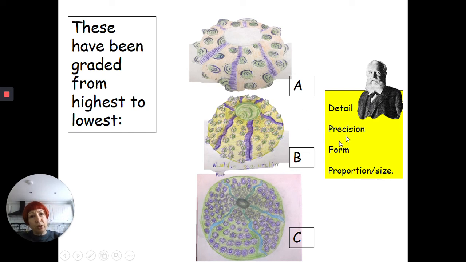So I looked at who used detail well, who used precision well, who really thought about form as well as proportion and size. And when I thought about form, I actually thought about how they used the lines on their urchins to make them appear 3D.